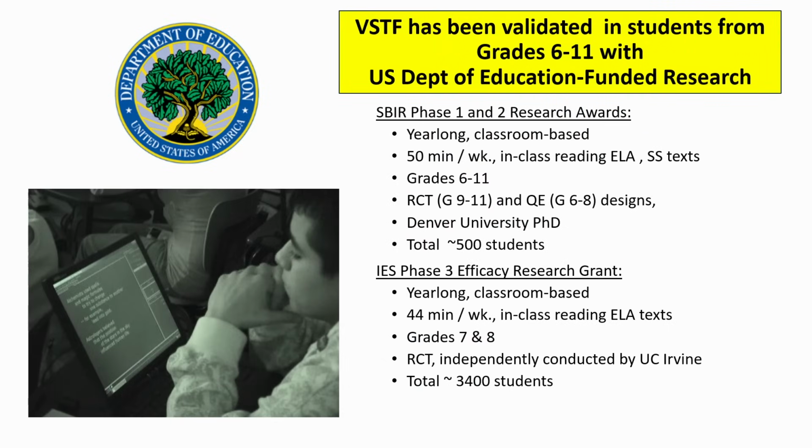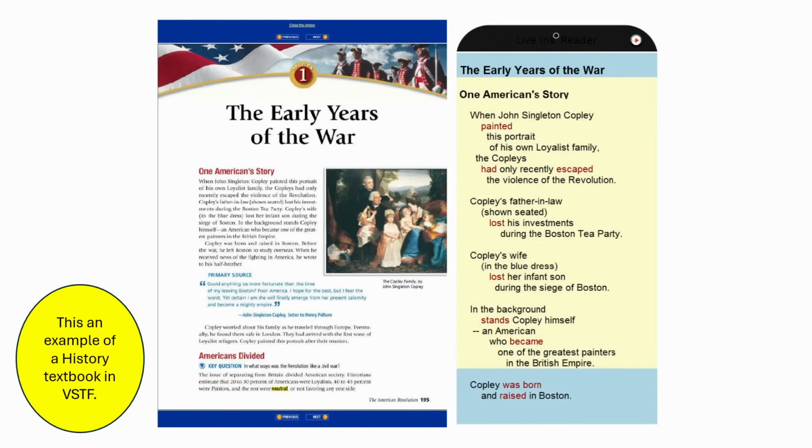VSTF has been validated in thousands of students in year-long studies in grades 6 through 11, with additional studies also done in college and medical school graduates. This is an example of how a student's history textbook would be presented in VSTF.